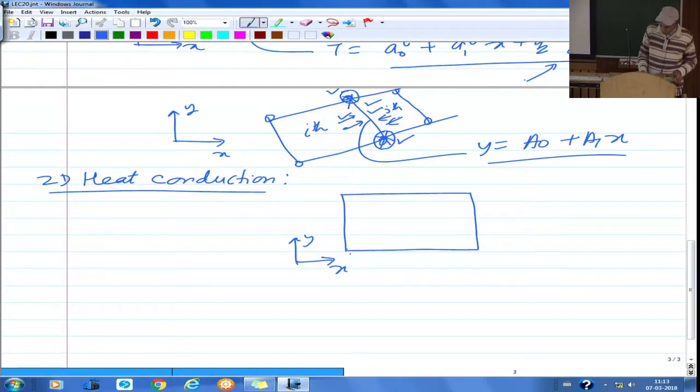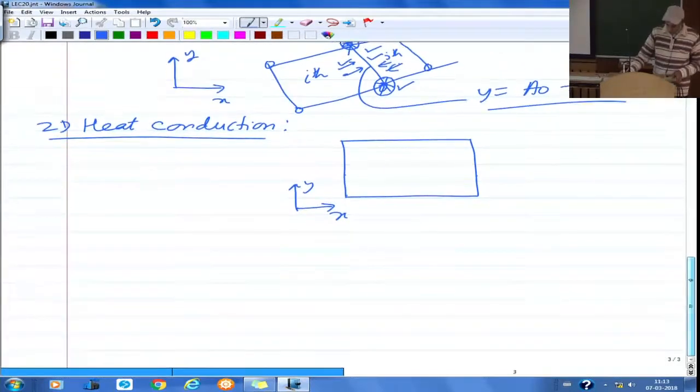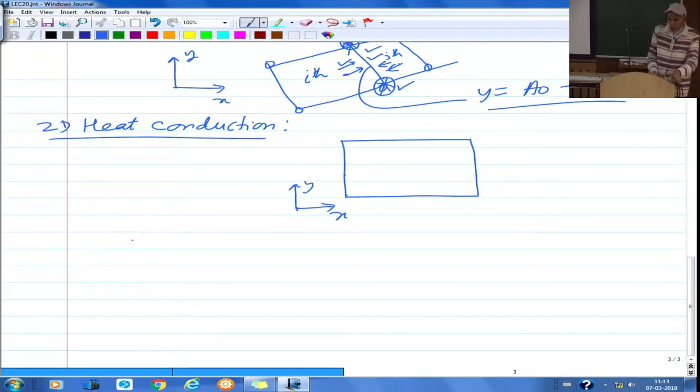For this edge x is equal to x1, for this edge x equal to x2 and so on. And finally the governing differential equation for this problem was, of course assuming that the material is linear and isotropic, so thermal conductivity is independent of temperature. So, it is linear and thermal conductivity is same in all the directions. Therefore, it is isotropic.